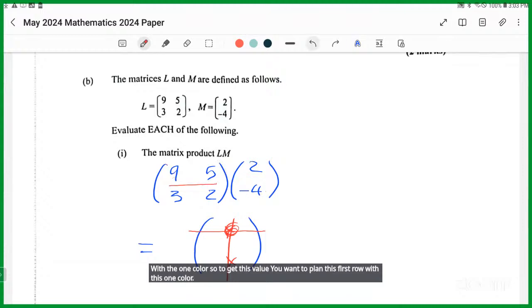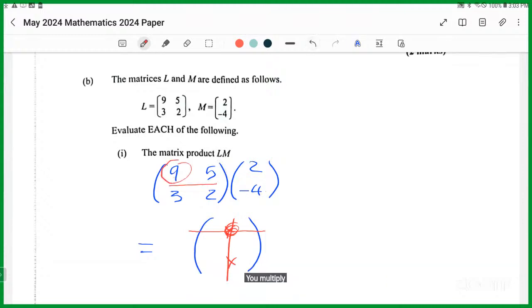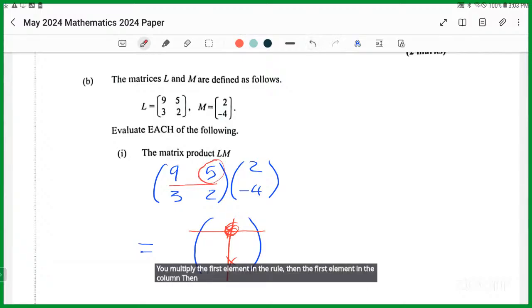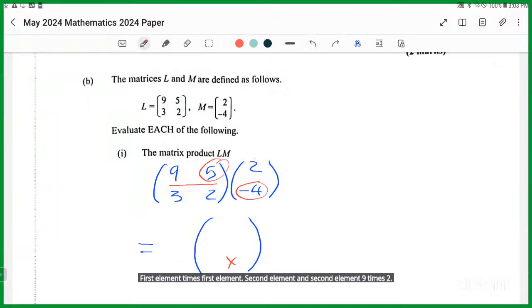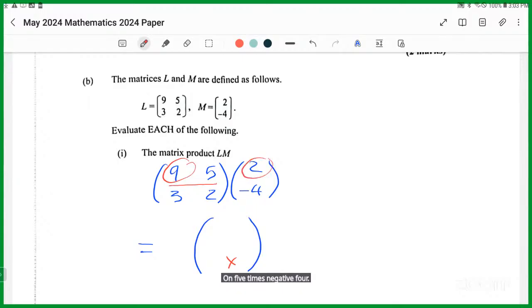First element in the row times the first element in the column, then the second element in the row times the second element in the column. So it's 9 times 2 and 5 times negative 4. The 9 times 2 is 18.